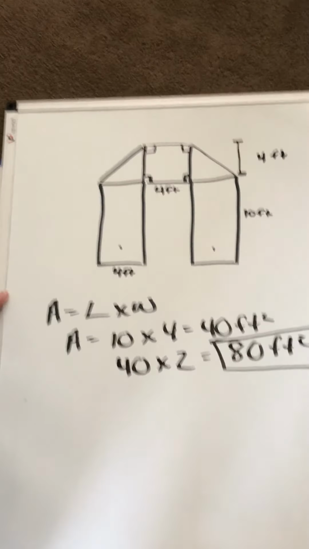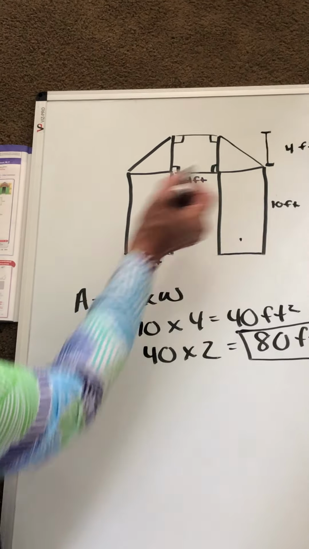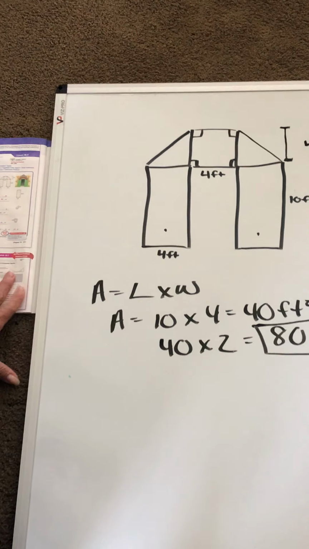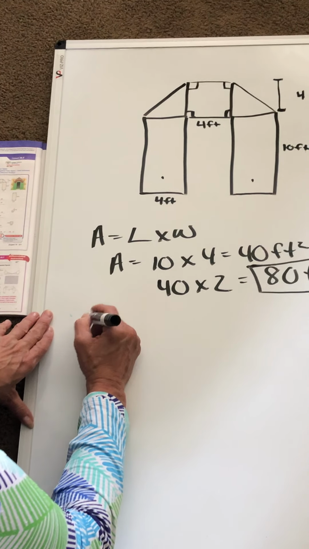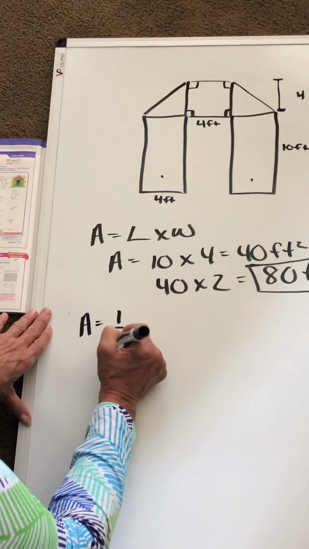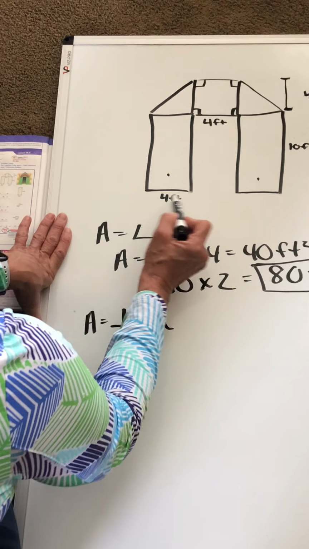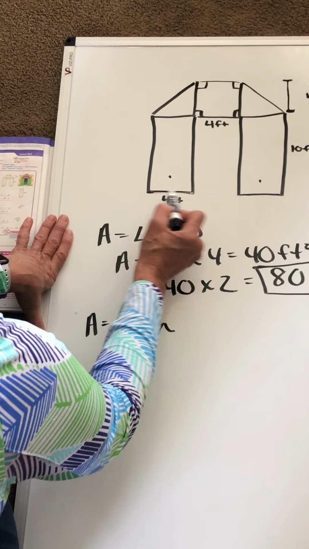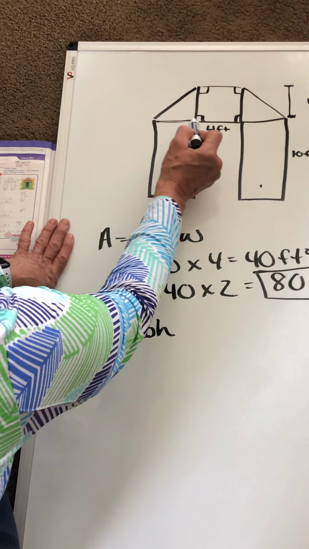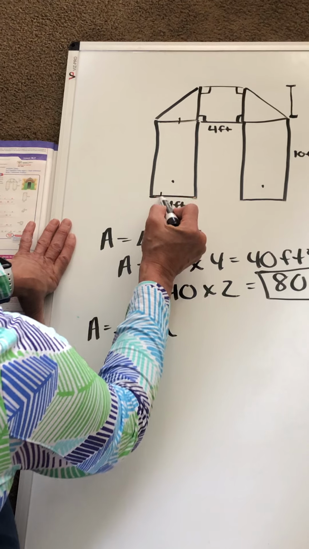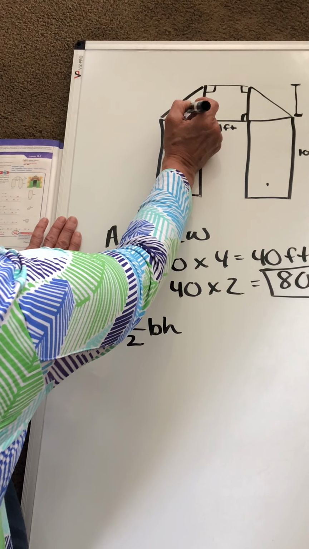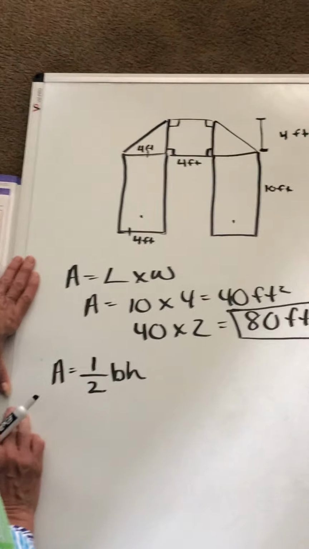The next thing we're going to do is find the area of these two triangles. We know that the area of a triangle is area equals 1/2 base times height. So because this is 4 feet, the base of that triangle is 4 feet.